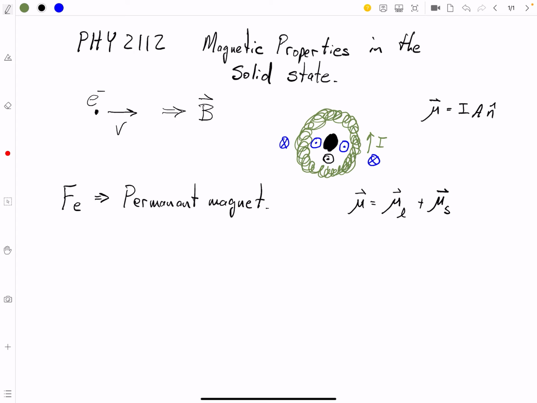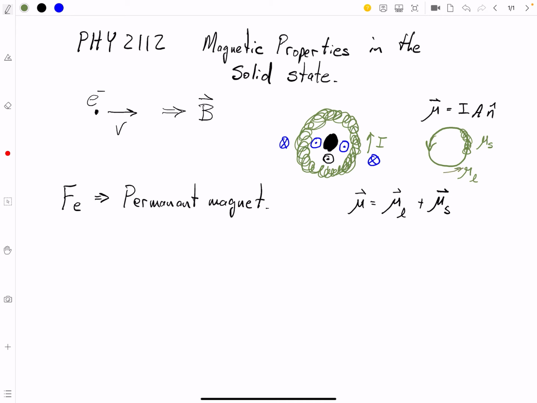But you have to keep in mind that not only are those electrons going around in a circle, they're also spinning at the same time. So we've got the spinning, mu s, and then we've got the overall mu L of them going around in a circle.